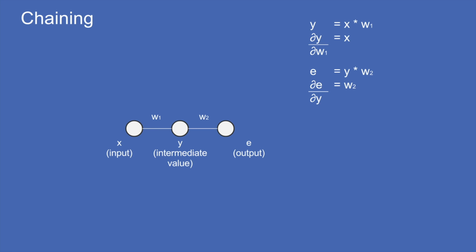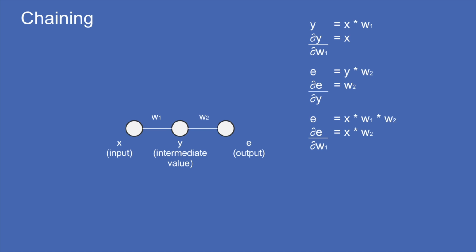Similarly, for the next step, we can see that e is just the value y times the weight w2. And so when we calculate dE dy, it's just w2. Because this network is so simple, we can calculate from one end to the other. x times w1 times w2 is the error e.